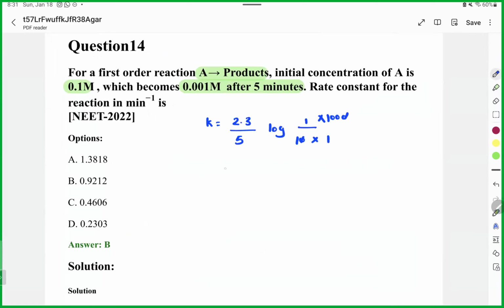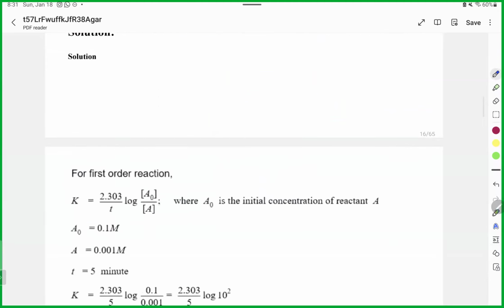Log 100 value is 2. Because your R naught value is 0.1 and R value is 0.001. That's all. Was it easy, guys? Yes, sir.